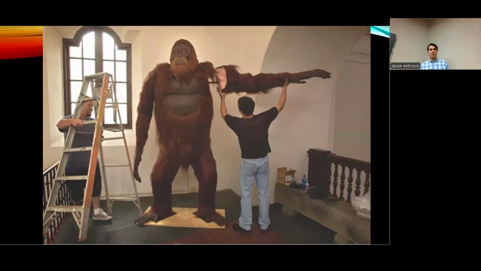This is an example of a primate named Gigantopithecus. Gigantopithecus was a huge ape-like primate which lived mainly in China at about 300,000 years ago. It was there for a while and then died out. I bring up Gigantopithecus just to indicate that if we rewound the clock of evolution and you went back 300,000 years ago and you said, which of these hominin species is likely to make it?